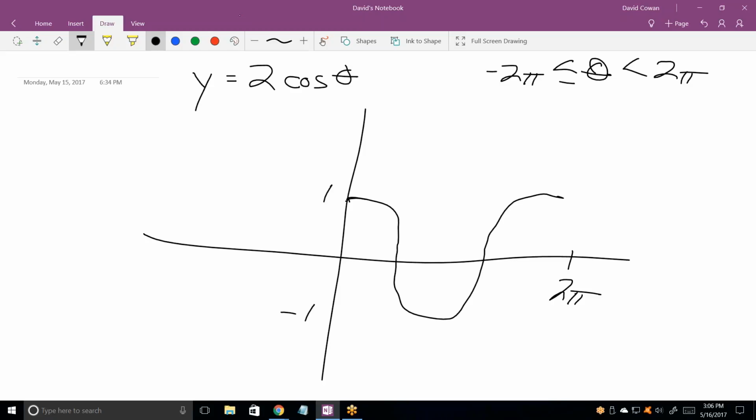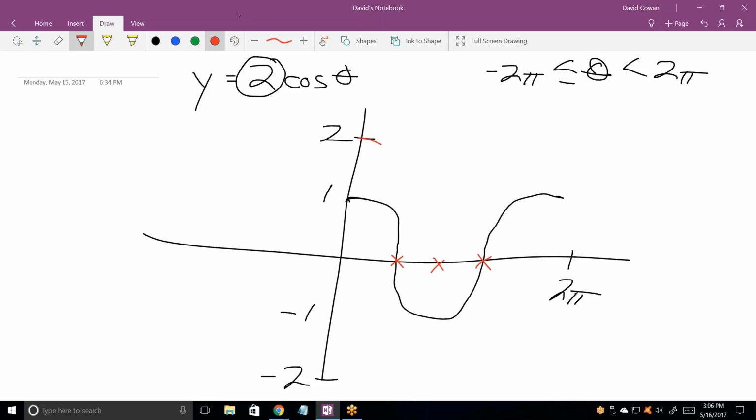What's the consequence of the 2? Doesn't it increase the amplitude? Yeah, it's a vertical stretch factor. So instead of going from 1 to minus 1, it's going to go from 2 to minus 2. If I draw that in red, it's going to go through the same quarter points.